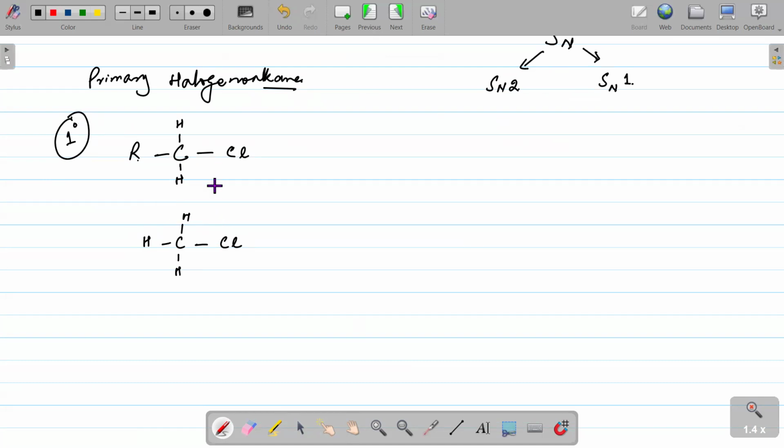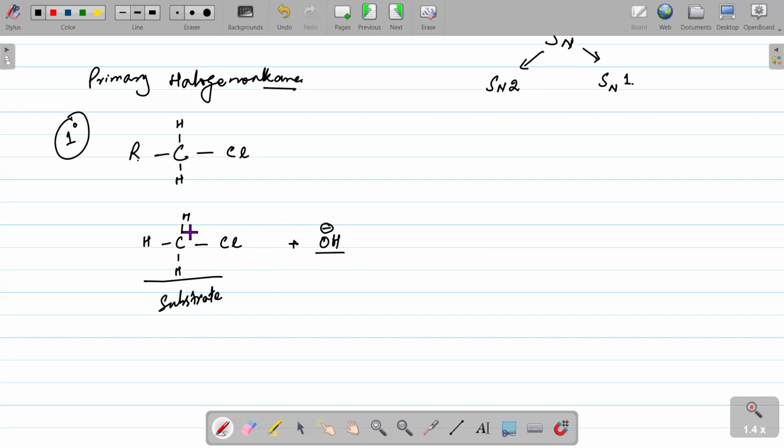Primary halogenoalkanes have a very unique property: whenever they react with a nucleophile, let's take the nucleophile OH negative. As I said earlier, this will be our substrate molecule, the halogenoalkane, on which this nucleophile attacks.